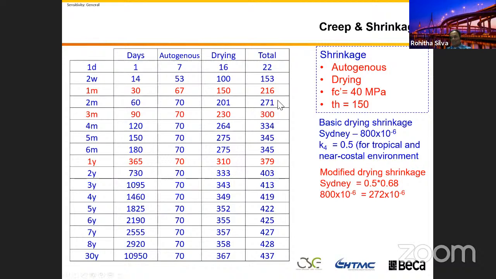Because bridge construction happens over a period of time, you can get a better understanding of where you're standing in terms of creep and shrinkage. That's the message I want to give you, because using the code equations is quite straightforward.